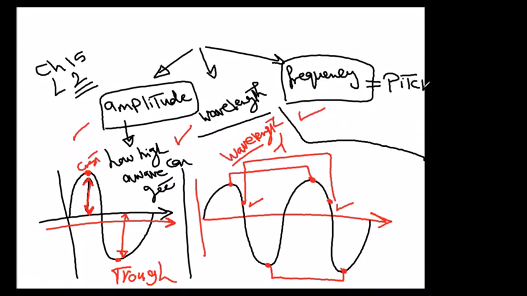But this year, it's not only the number of vibrations, it's how many wavelengths we have in 1 second. And by the way, frequency is how high or low a sound is, which we call pitch. Low sounds are like deep sounds.